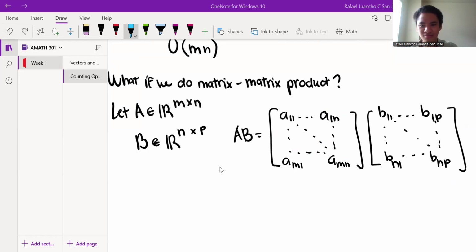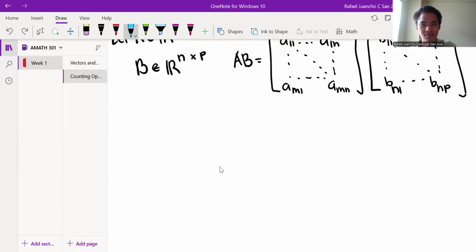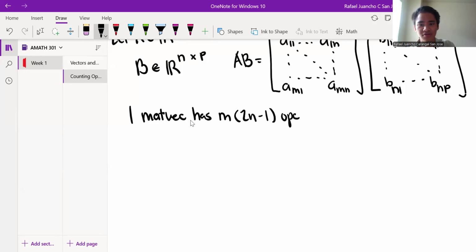So what I'm saying is, one matvec, so we call it a matvec, right? A matrix vector product. Oops, handwriting's ugly. So we're saying one matvec has m times 2n minus 1 operations. One matvec. But here, how many matvecs do we have?